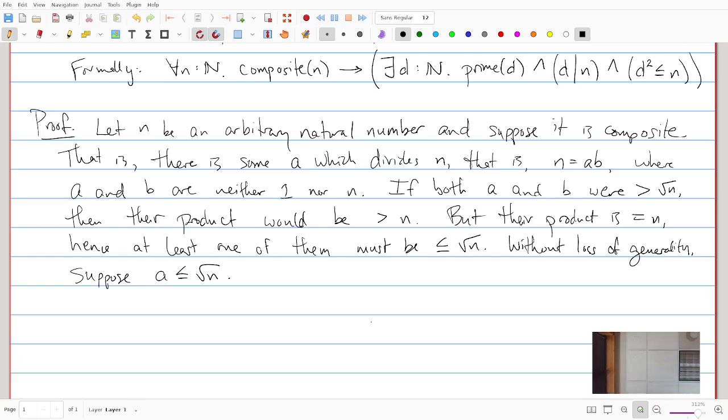Okay, well, we have this number A and remember, what we're trying to show is that there exists some number that has certain properties. Does A have all the required properties?